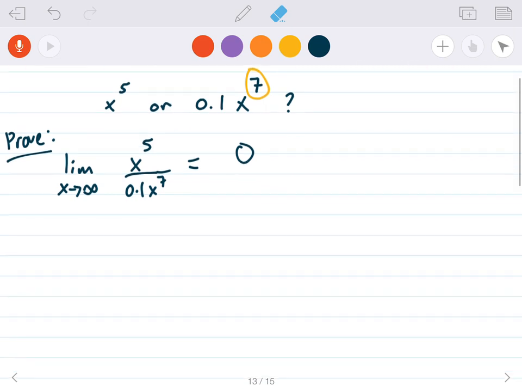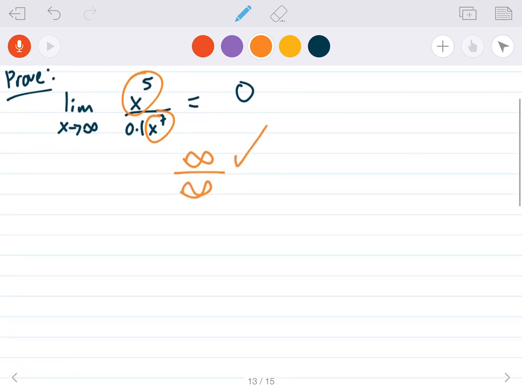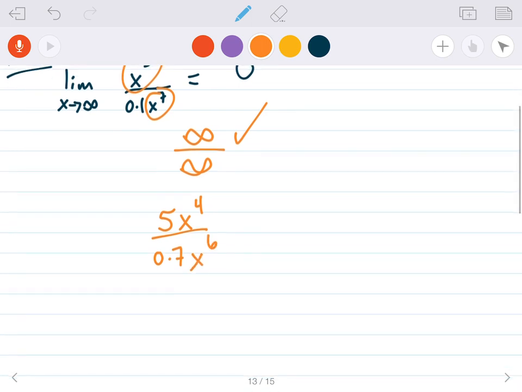All right. So let's go ahead and prove this, and we're going to use L'Hopital's rule, because clearly if we plug in infinity in here, we're going to get indeterminate form. So we can use L'Hopital's rule. And doing that, I differentiate the top and the bottom. And I'm going to go ahead and simplify this before I plug in anything. So this is going to simplify to 5 over 0.7 x to the second power.